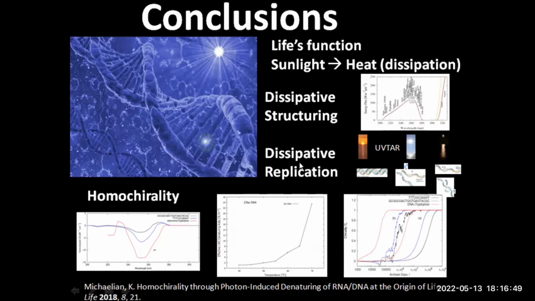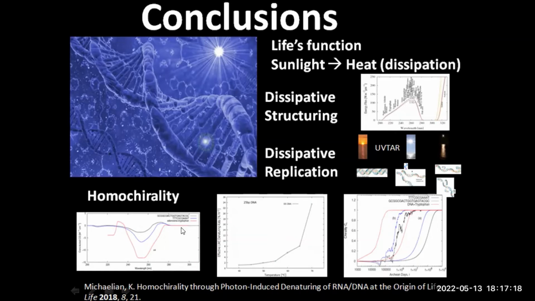And we gave also an explanation of the replication without enzymes of DNA and RNA at the origin of life based on photon dissipation. And today we have talked about how homochirality comes about, given the fact that they are chiral molecules, and the right-handed DNA absorbs differently than left-handed DNA.